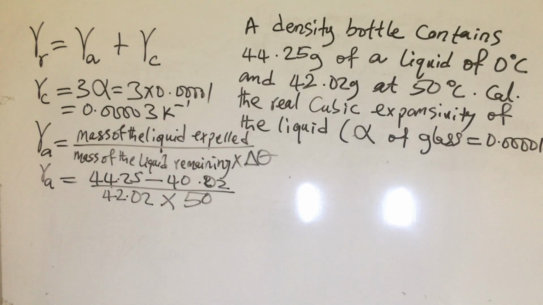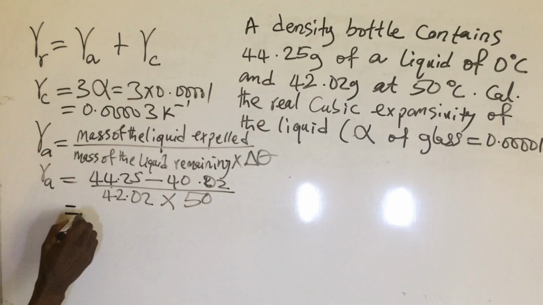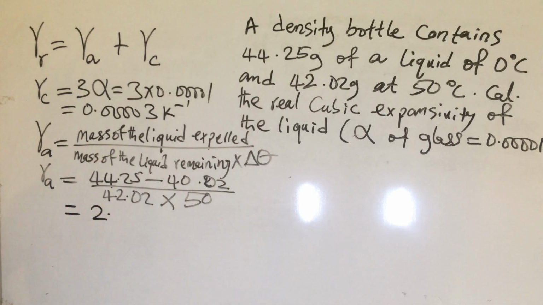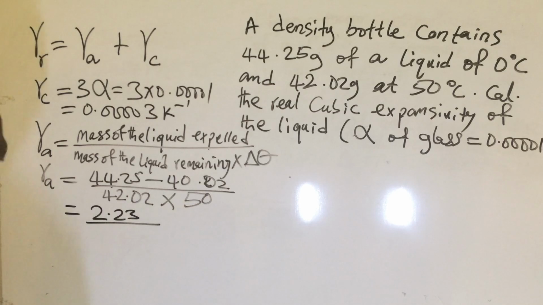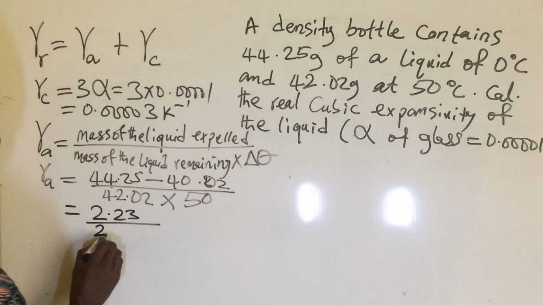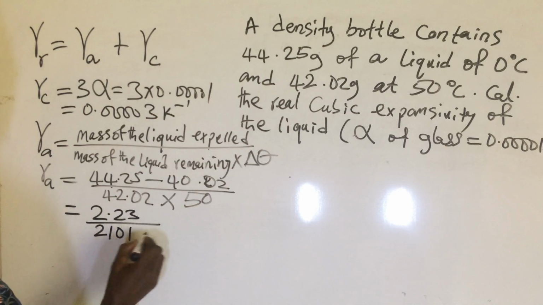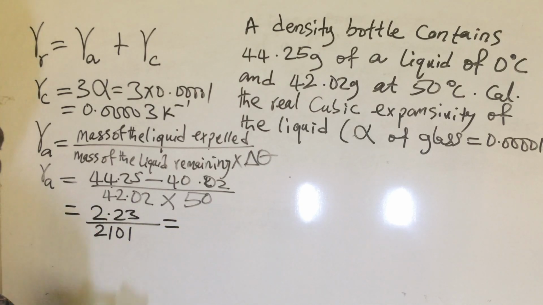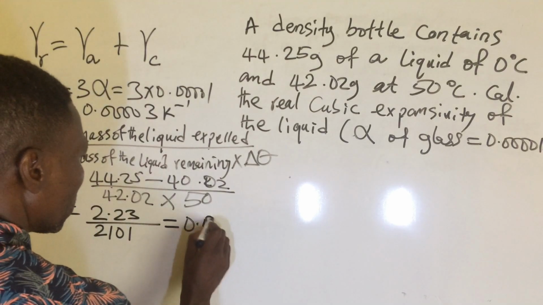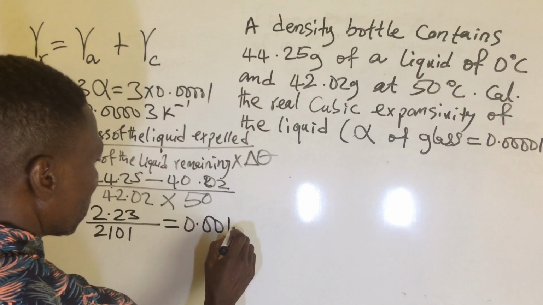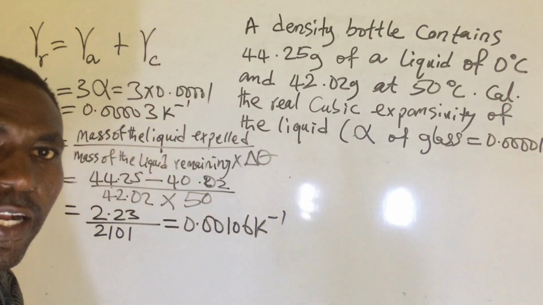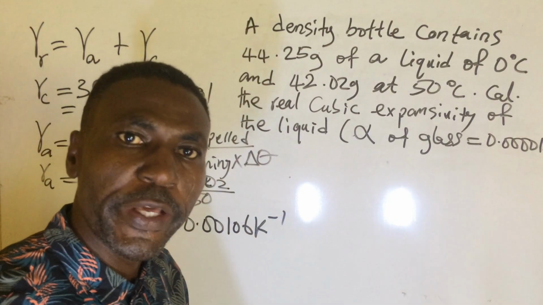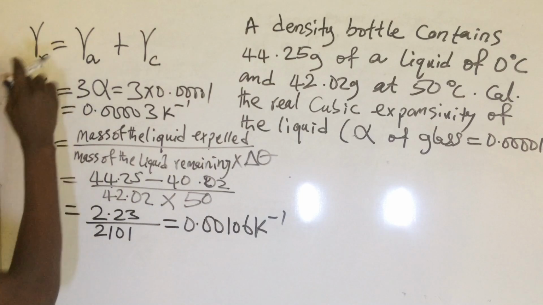When we subtract, we have 2.23 over, then we multiply with our calculator to get 2101, and when we divide, we have 0.00106 per Kelvin.